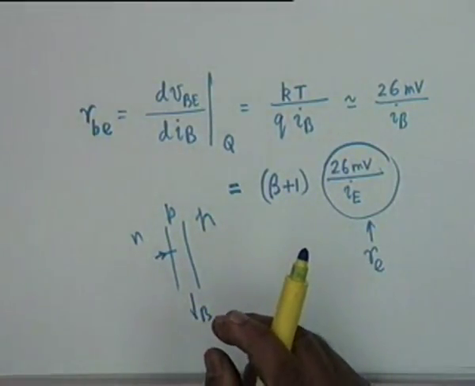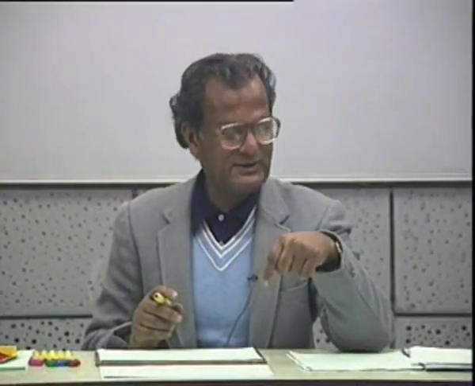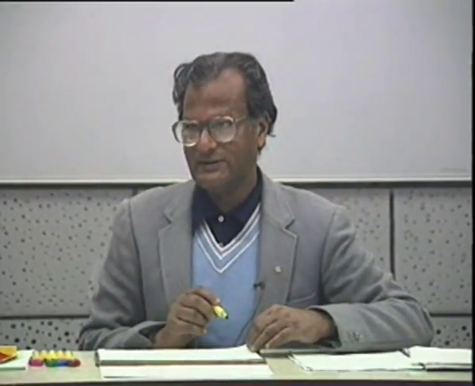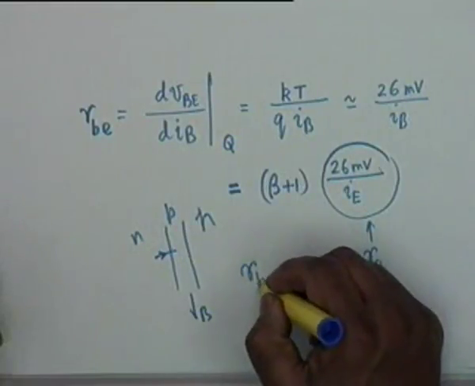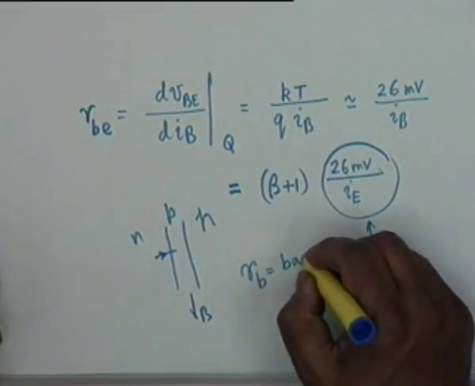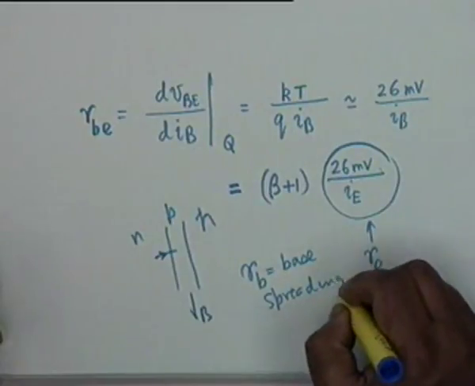The physical fabrication parameters are such that the width of the base has to be traversed by any current that comes here, and the resistance of this thin base region comes into effect. This resistance is called R sub B and is called the base spreading resistance.